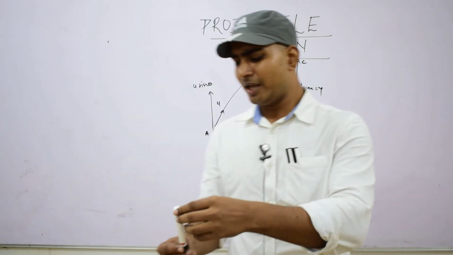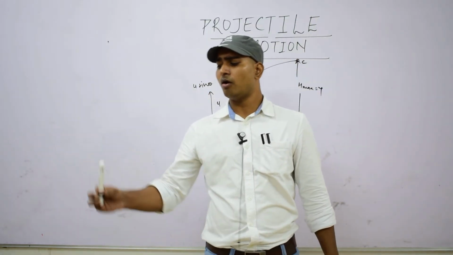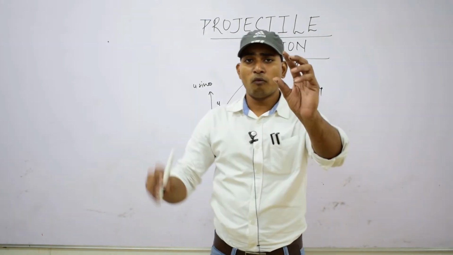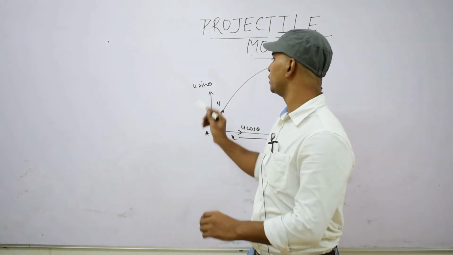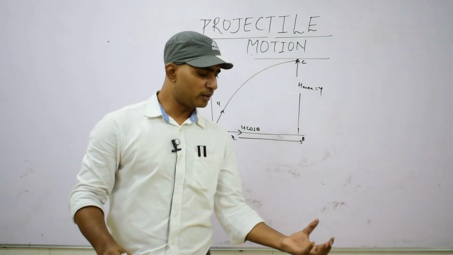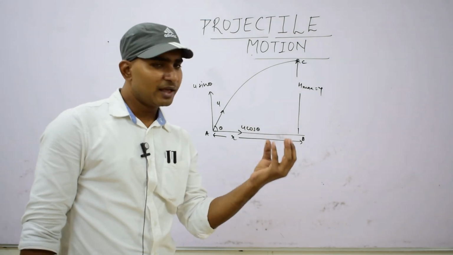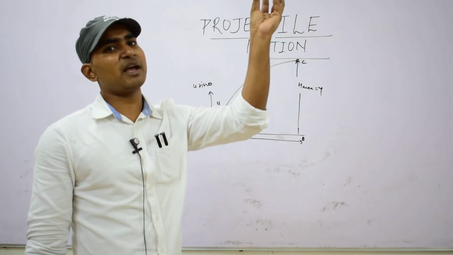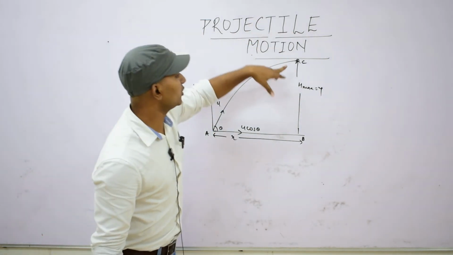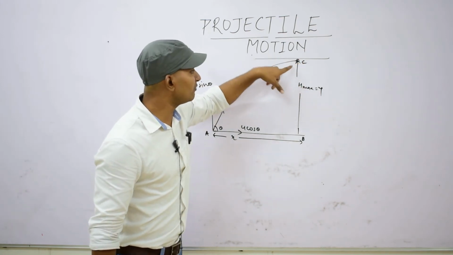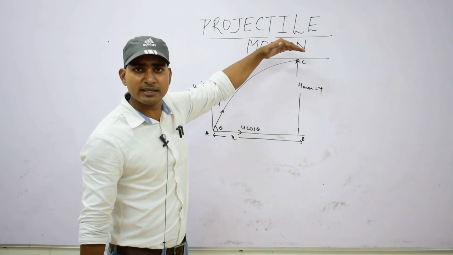So let's suppose any body is moving in a vertical direction. At the maximum point, due to the u sin theta component, the body is moving in a vertical direction. If some vertical component is there at the maximum height, then it can rise somewhat more.